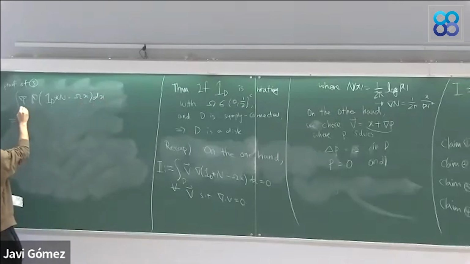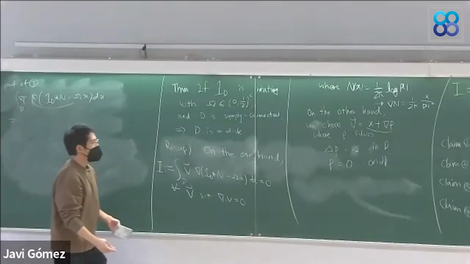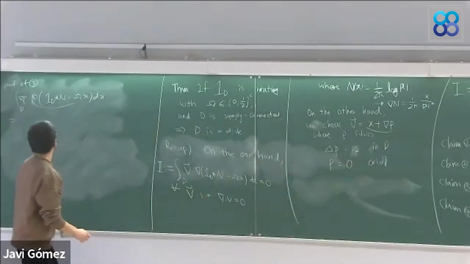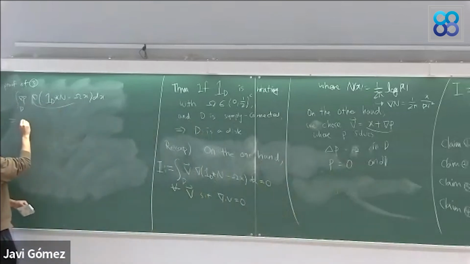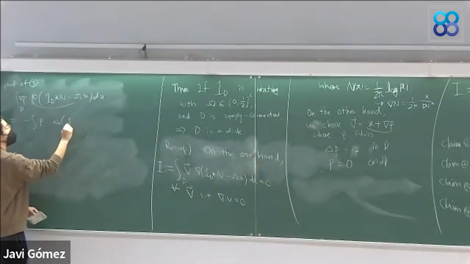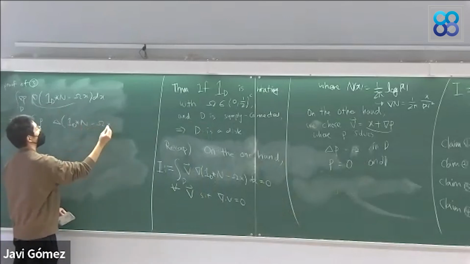And then you can do the integration by parts. So we are going to move this gradient to this term, but we recall that P is 0 on the boundary. So there's no boundary integral, but we have negative of P times the Laplacian of the same function minus omega.